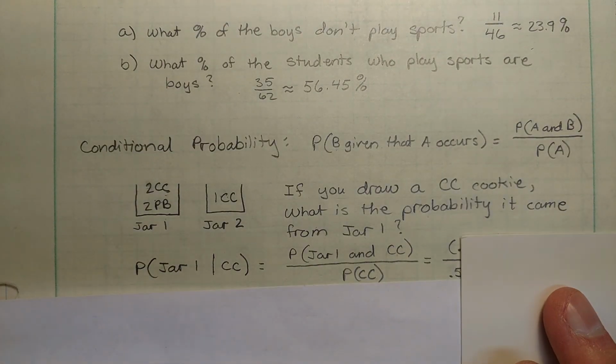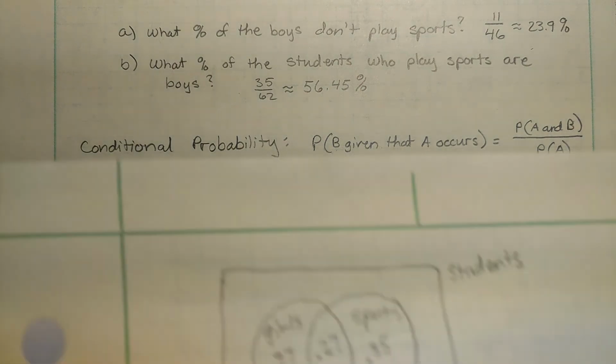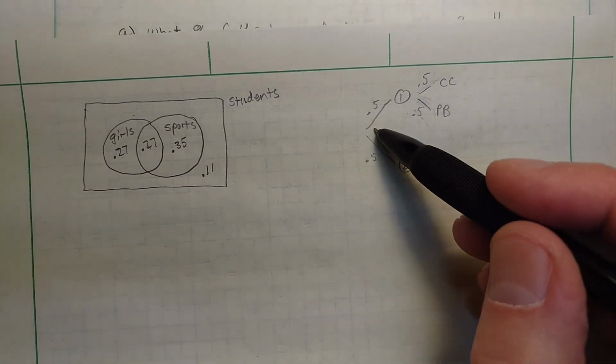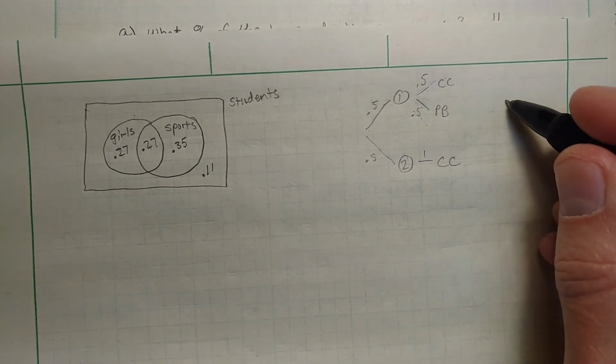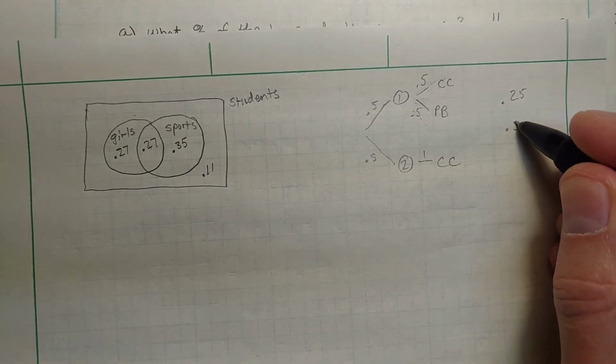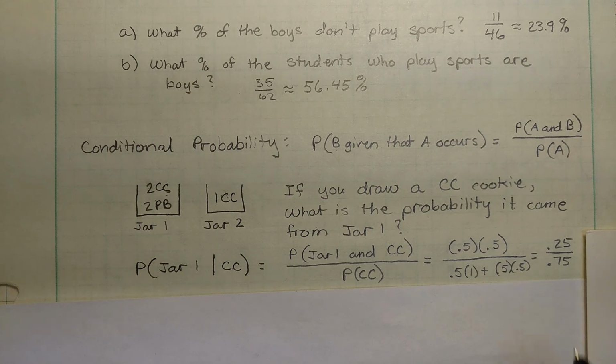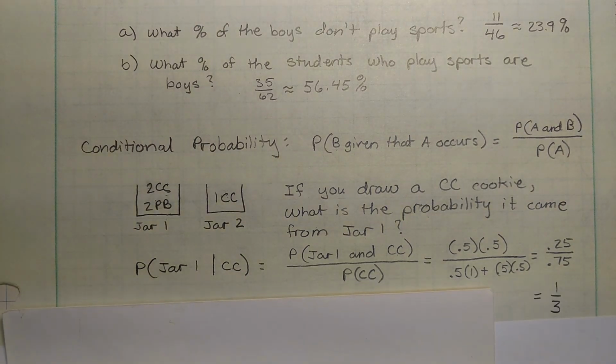And the probability of it being chocolate chip, notice now, it could either go this way, which would be 0.25, or it could go this way, which would be 0.5. So the probability of either would be 0.75. So looking at that, when I reduce that down, it is 1/3. So it is a 1/3 probability that it came from jar 1 if I already have a chocolate chip cookie.